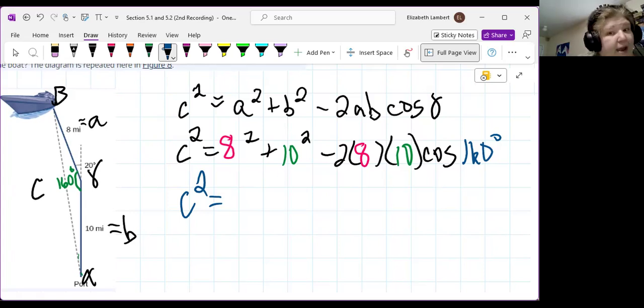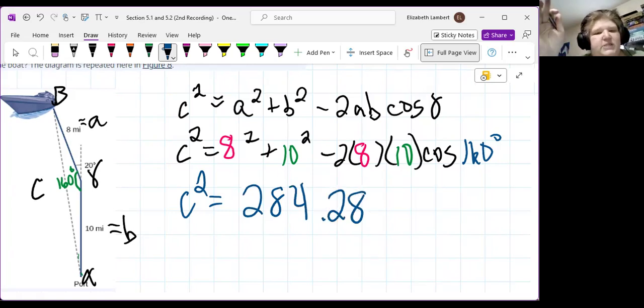C squared is 284.28. And if you forgot about the squared, just look at this triangle. B is 10, A is 8. Does it make sense to say it's 284 miles from the port? When if I just like stacked A and B with no turns, it'd be 18? Yeah.